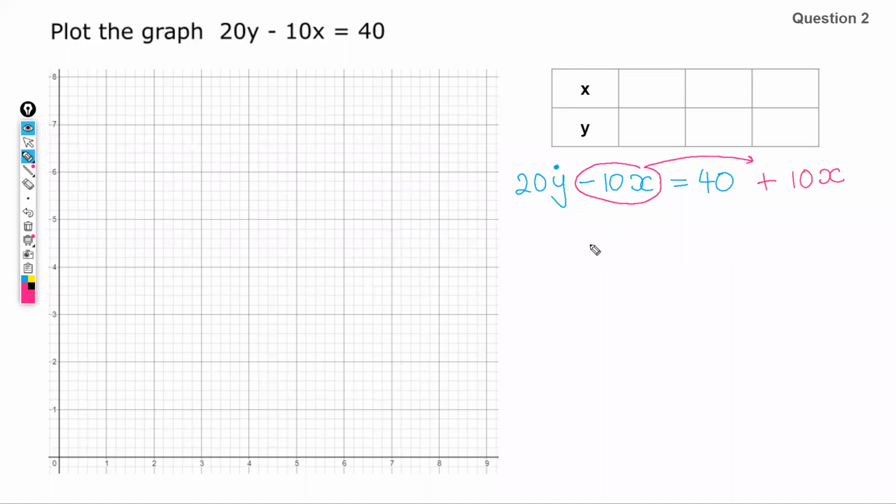So let me write what we have so far. 20y is equal to 40 plus 10x. Now, we could simplify this, and we could say 20y is equal to 40 plus 10, isn't that 50x? Is that correct so far, guys?